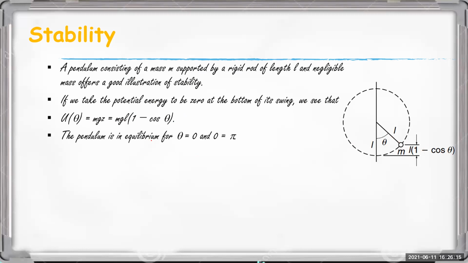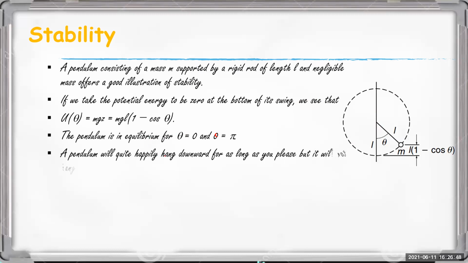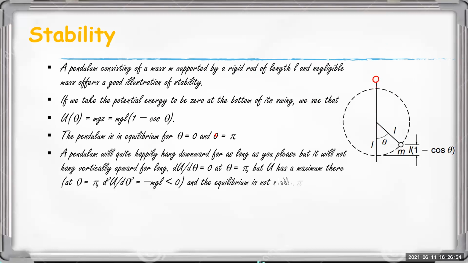The pendulum is in equilibrium for theta is equal to 0 and theta is equal to pi. Theta is equal to pi means the pendulum hangs upward.